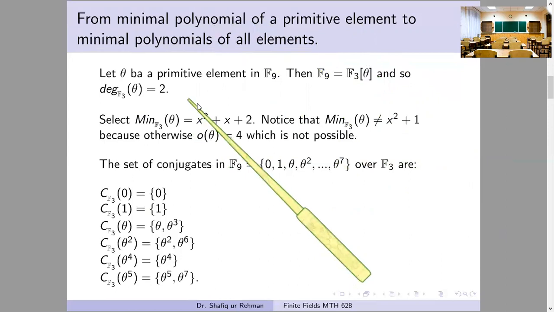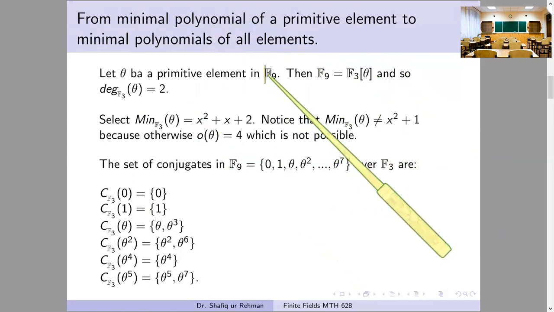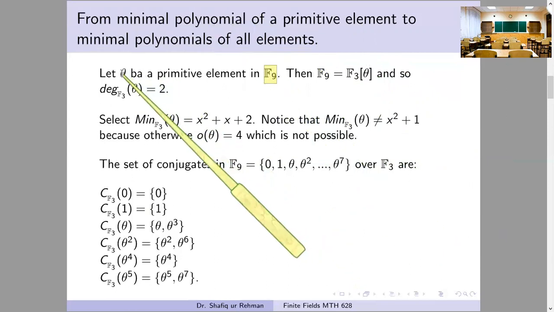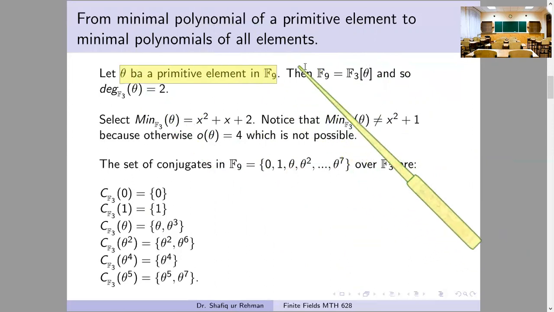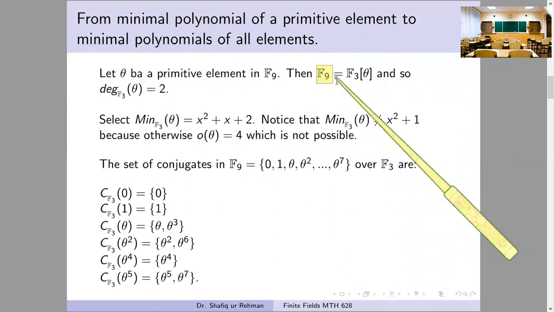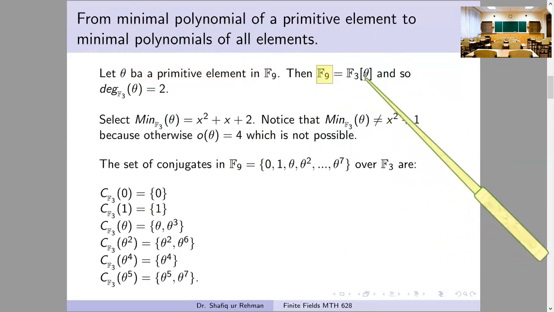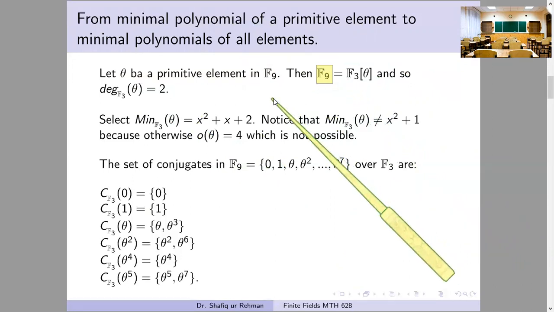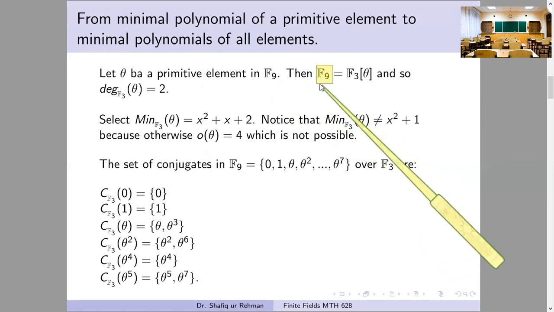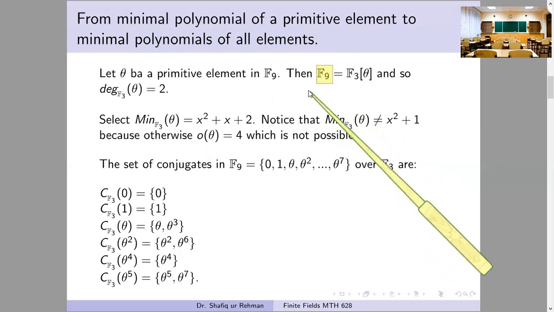So we start as follows. Consider the field F9 and let theta be a primitive element in this field F9. Then we can write F9 as F3 extended by this primitive element theta. We know that for any field extension of finite fields, the primitive element in the bigger field can be taken as a defining element over the smaller field.